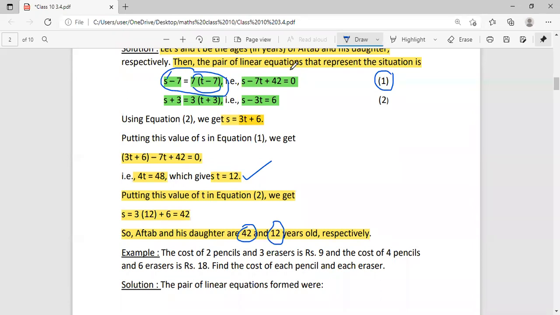For example, 42 minus 7 is equal to 7 into 12 minus 7. 12 minus 7 is 5, and 5 into 7 is 35. And 42 minus 7 is also 35. So you can confirm that your answer is correct. For your exam, if you have enough time, you can cross check your answer also. That's the use of this method.